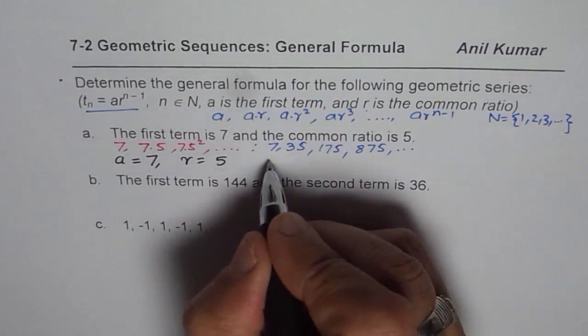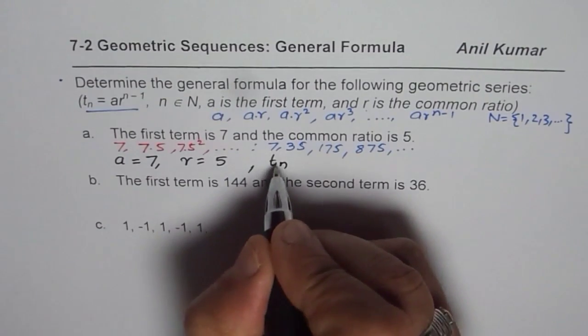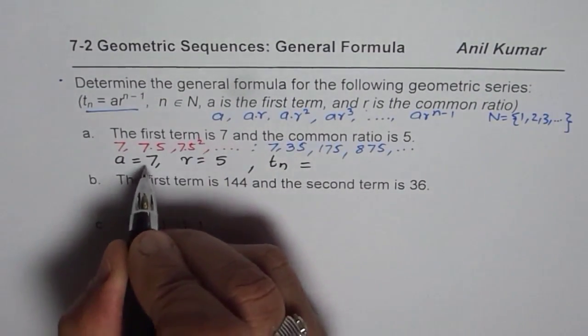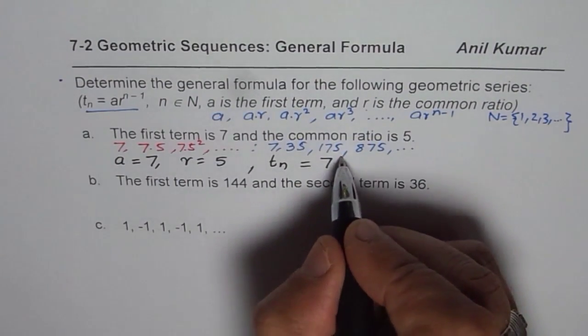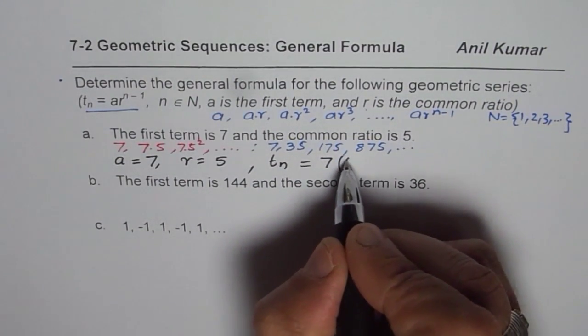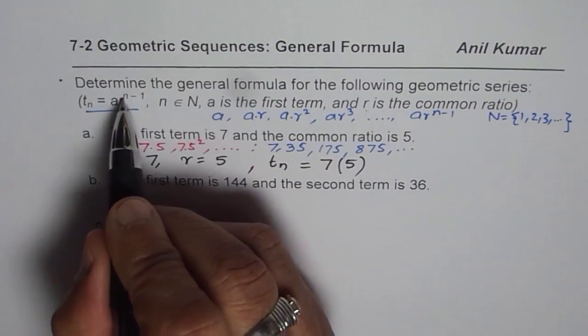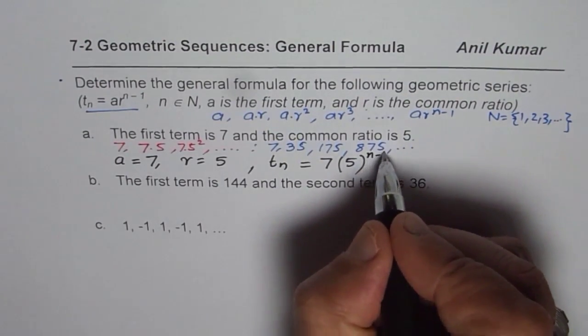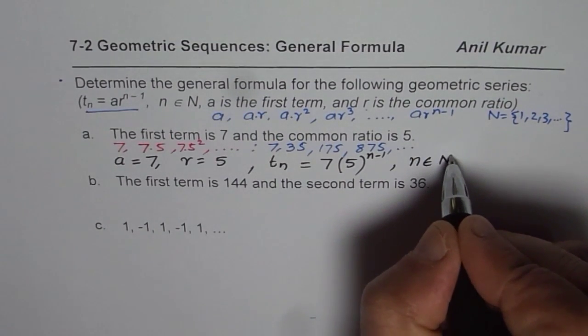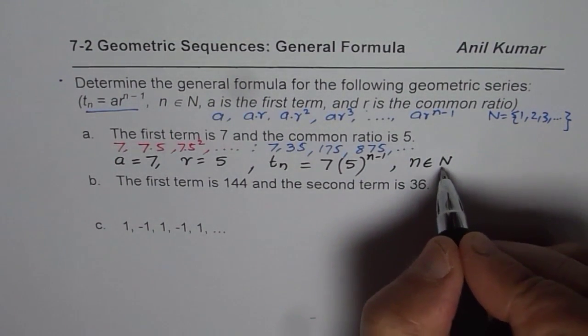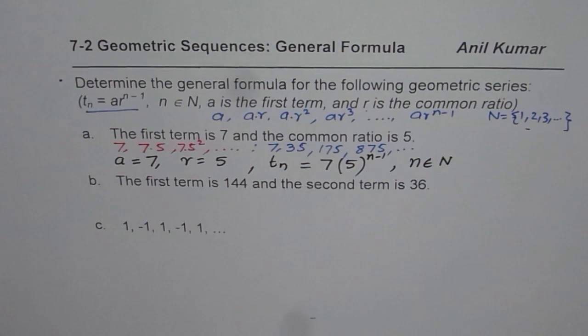The general term Tn equals the first term 7 times the common ratio 5 to the power of n minus 1, where n belongs to the set of natural numbers. So that is how you can easily write the general formula. I hope the steps are clear.